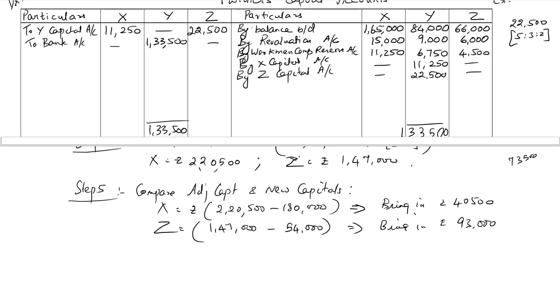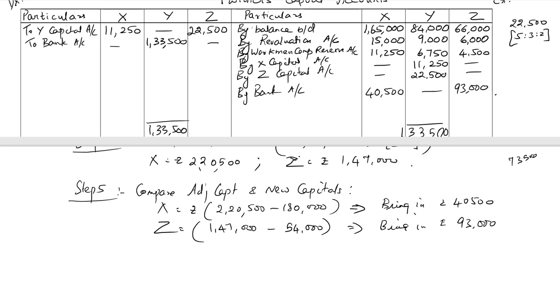So let's post this in the partners' capital accounts by bank. X brings in 40,500 and Z brings in 93,000 rupees. Let's insert the new capitals, balance carried down.